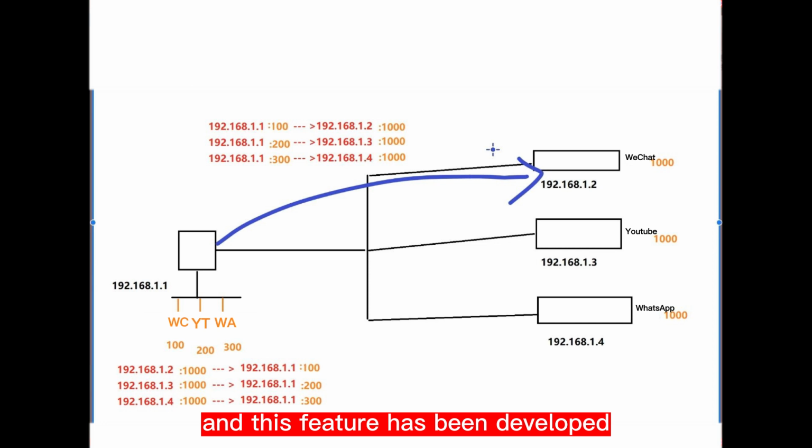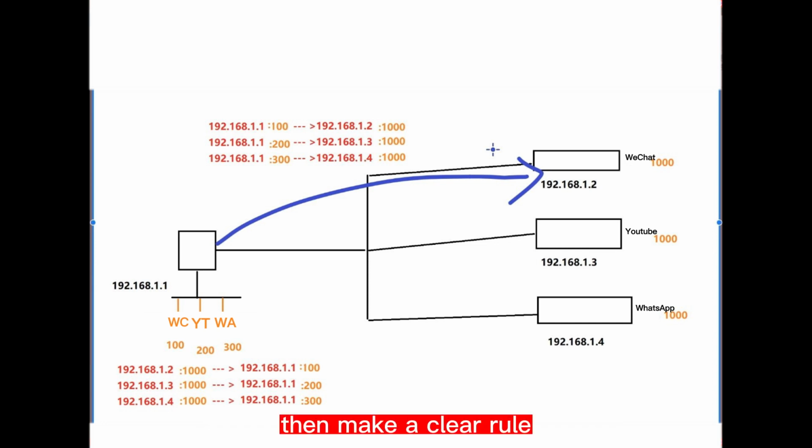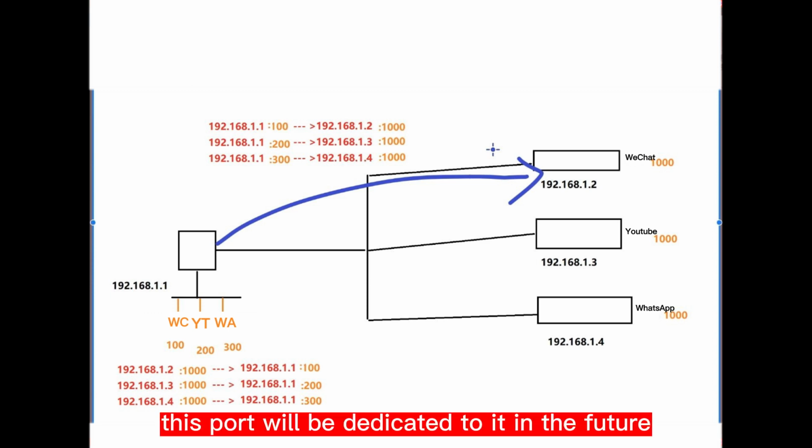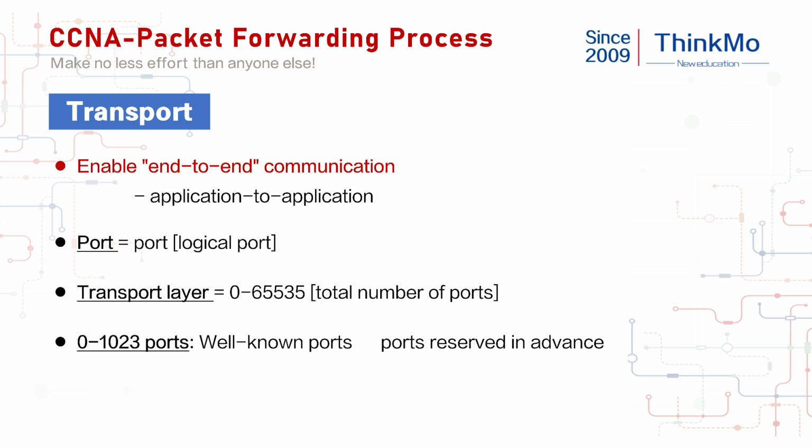When this feature has been developed, a clear rule is made to reserve these port numbers. This port will be dedicated to it in the future. That is, I can name it, and this port number is specific to that service.